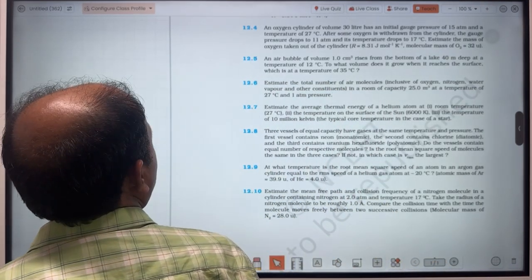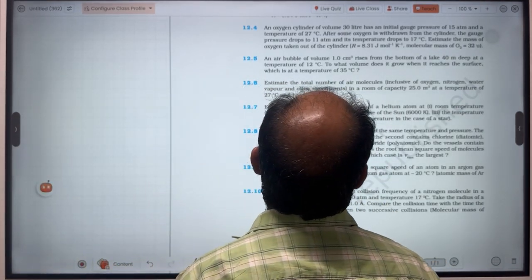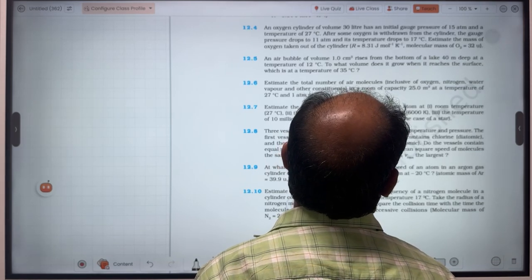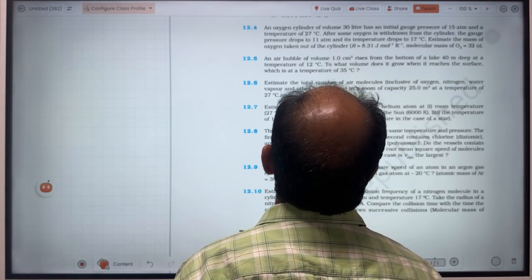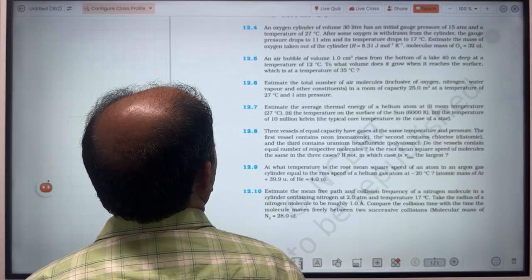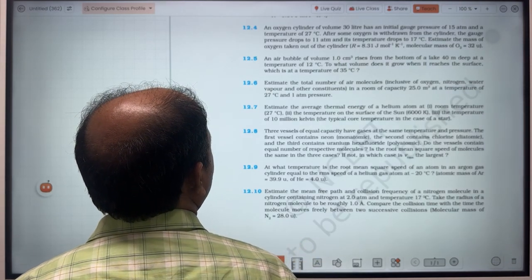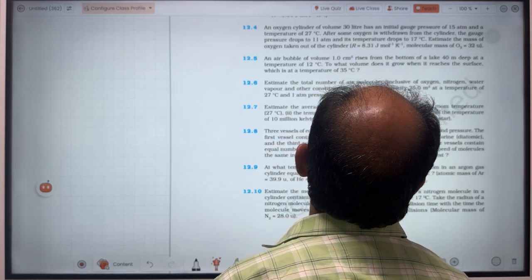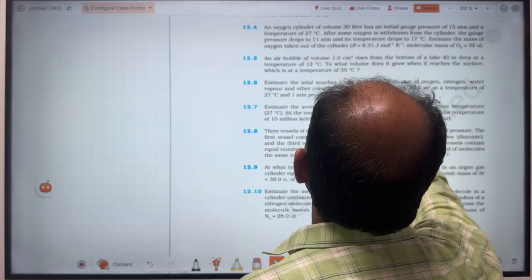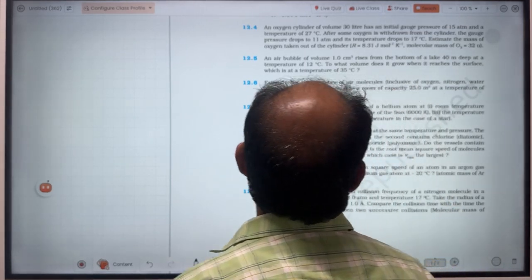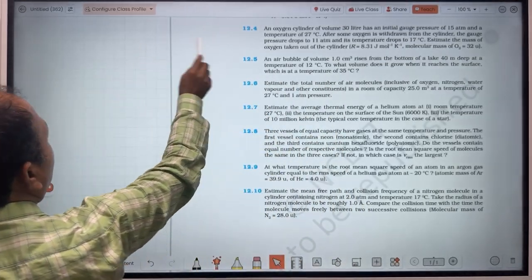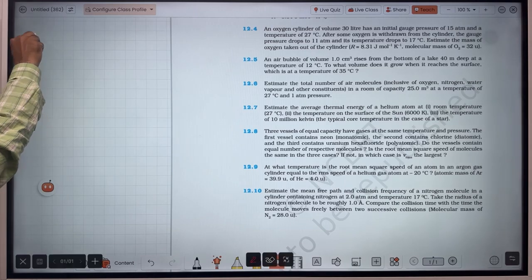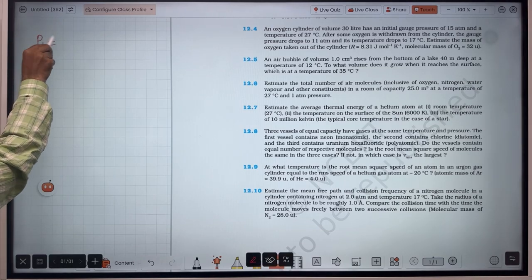Here, the next question says, an air bubble of volume 1 centimeter cube rises from the bottom of a lake 40 meter deep at a temperature of 12 degrees centigrade. To what volume does it grow when it reaches the surface, which is at a temperature of 35 degrees centigrade? Here, what you notice, is pressure the same? No. So you have to find out pressure. So what is P1?